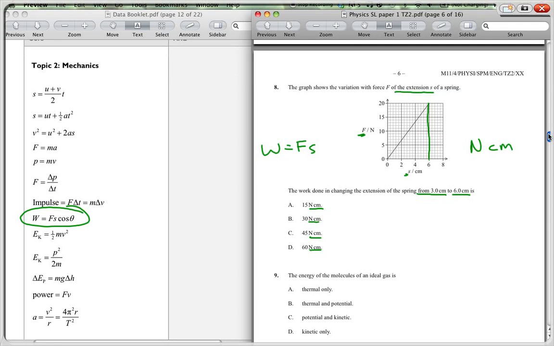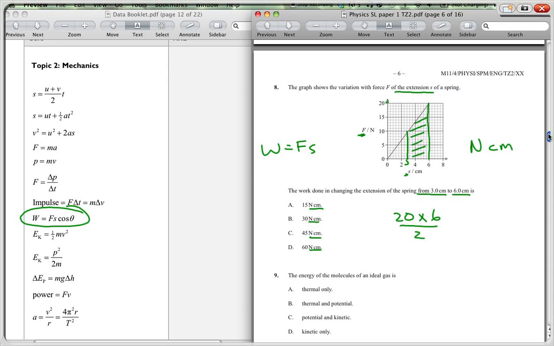But we're going from 3 to 6. This is almost a trick question, because it's easy just to go from 0 to 6. So we've actually got to put this in there. We're going from 3 to 6, so we're looking for that area there only. So I'm going to work out the whole area, which is going to be 20 times 6 divided by 2, which will give me the area of the whole triangle.